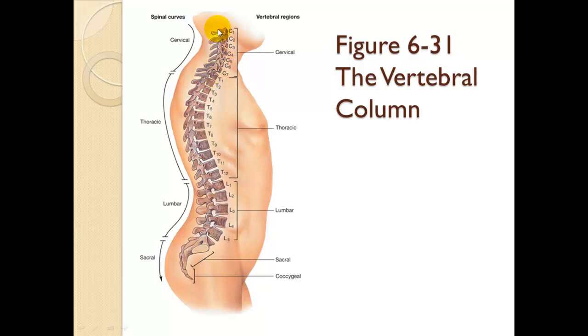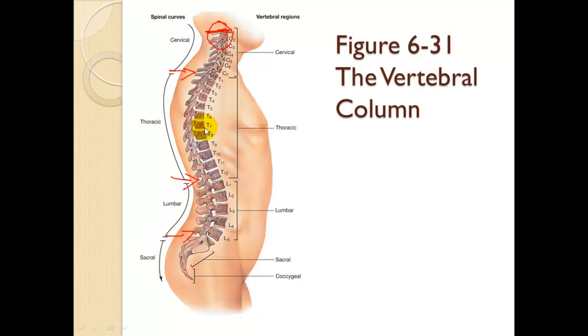An example of this is going to be C1, C2. The skull is anchoring C1, so we might have more fractures in this location. T1, C7, T12, L1, and then L5, sacral S1.